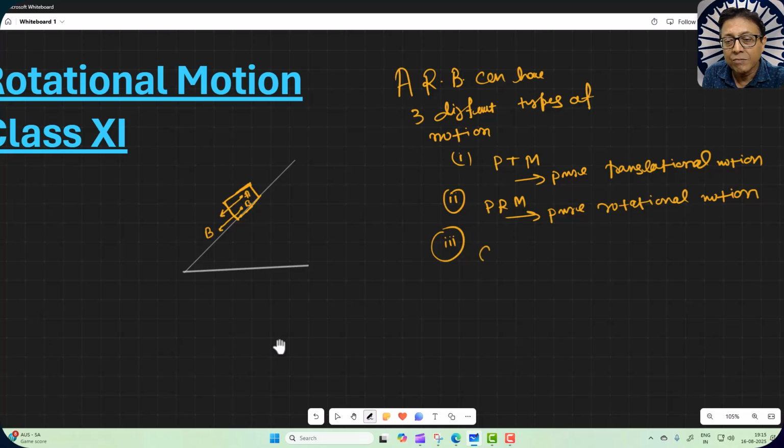Number three, a combination of PTM and PRM. This is called planar motion.